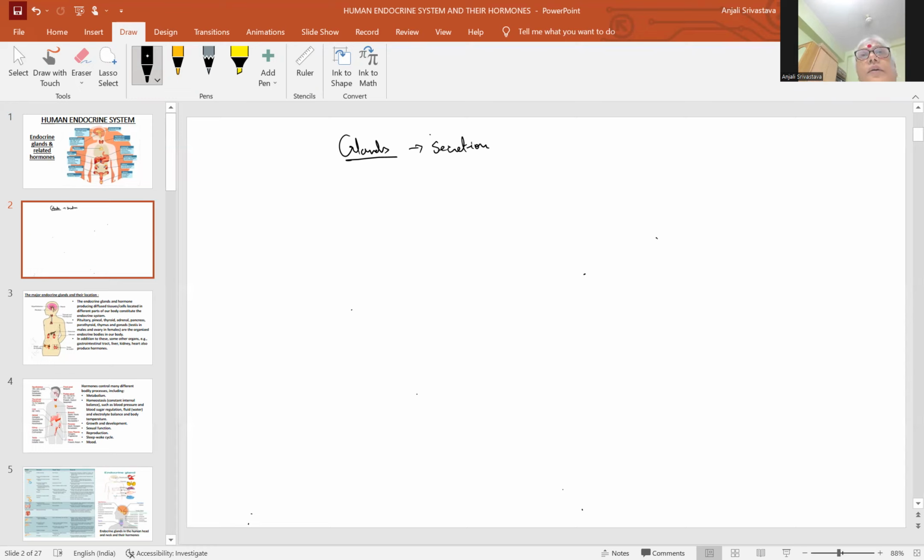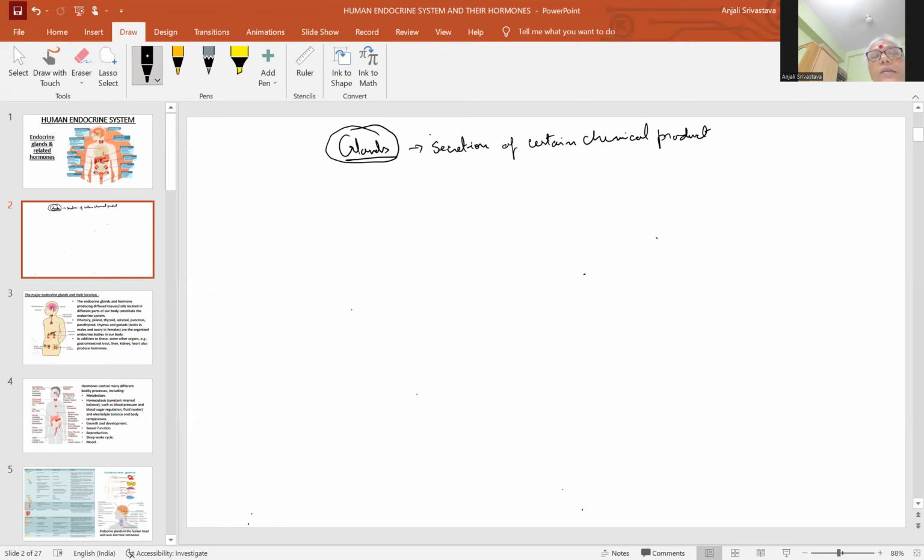The structures in the body that do the work of secreting certain biochemical products are the glandular structures or glands.